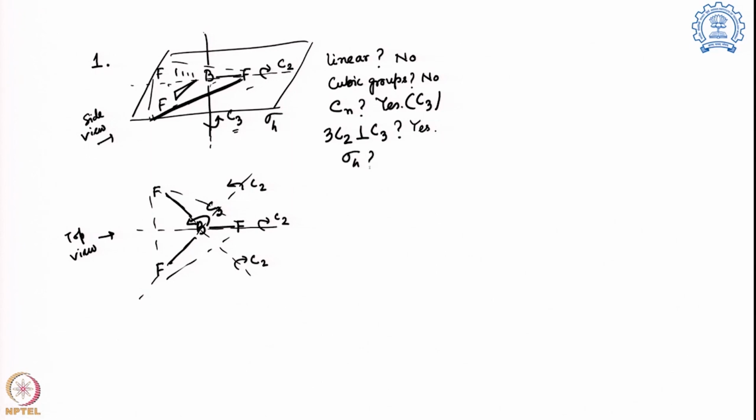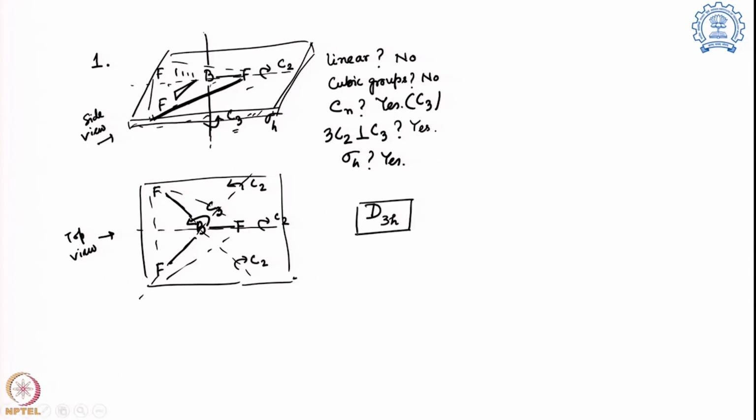So, the next question, whether you have a sigma h or not, answer is yes, and from the top view the molecule is in the plane of the board, and in this particular system the plane is perpendicular to the board. And you can see the answer is yes. So, the molecular point group for this molecule will be D3h, that we can figure out from here. So, that is how we actually figure out all these particular molecules. The next question, let us do ammonia.